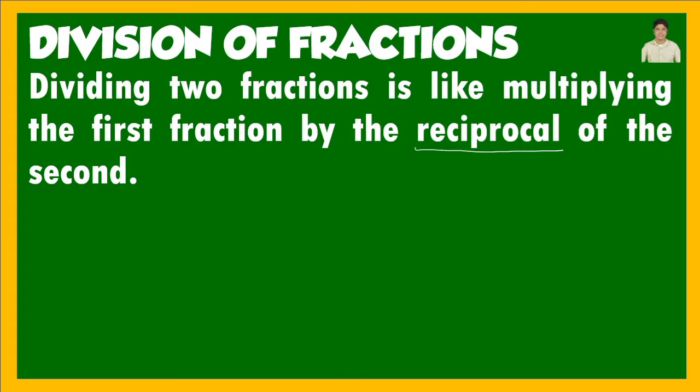When we say reciprocal, we switch the position of the numerator and the denominator. Here, we take the reciprocal of the divisor. The dividend, the one that comes first, we do not take its reciprocal.